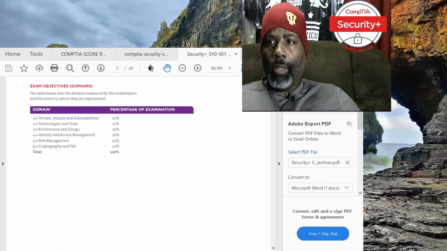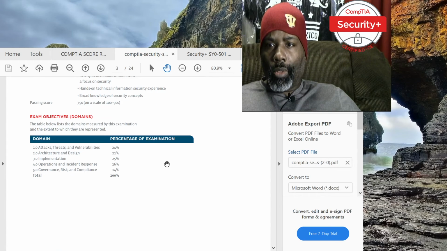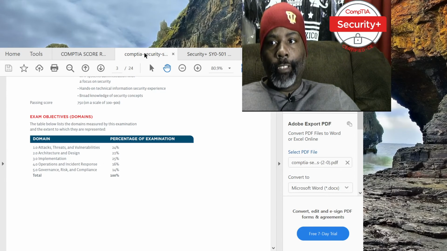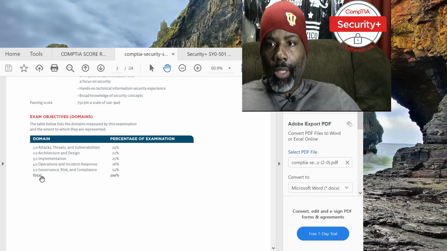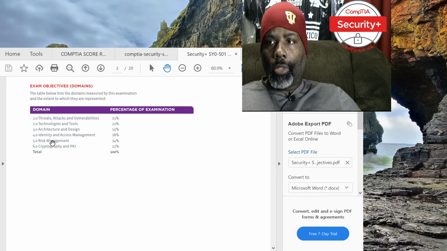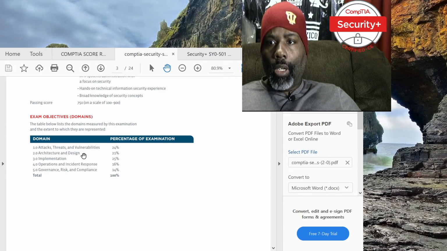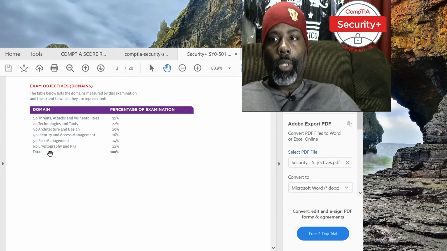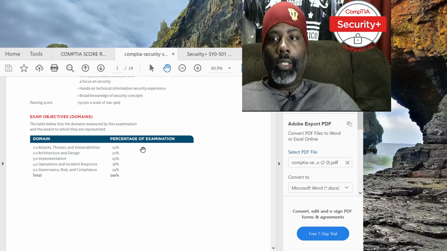Now you may be saying, wait a minute, over here in the 601 objectives, they left off the cryptography section, PKI. No, they didn't. What they did was they included this section right here, number 6. They stretched it out between architecture, design, and implementation. So most of it is still there. It's just not broken off into a separate section by itself. They didn't just take this out completely. They took it and condensed it into these two sections right here.